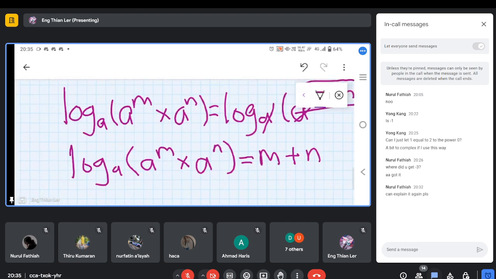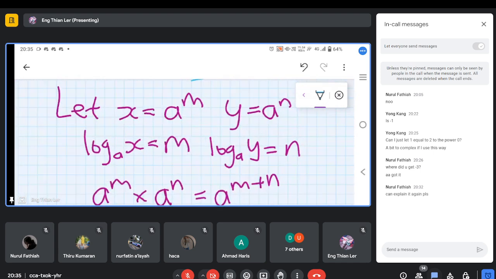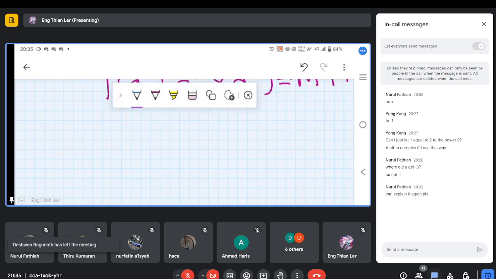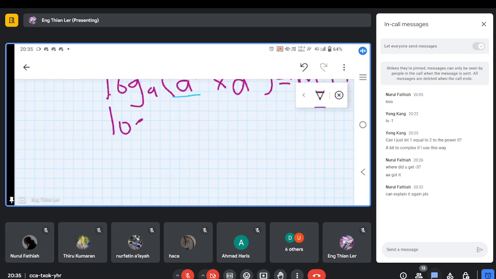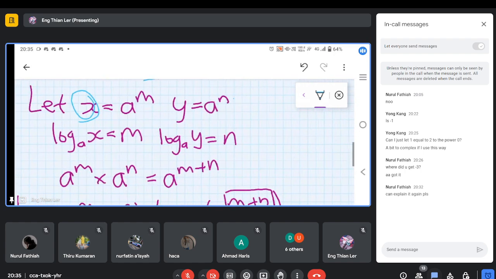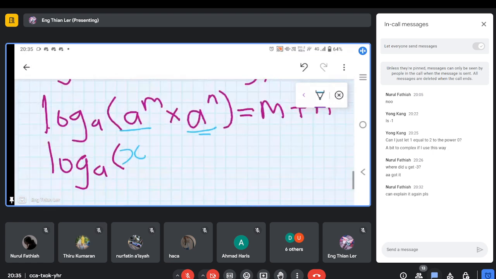Okay, so first, what is a to the power m? Look back, it is x. So now we have log a of x. And what is a to the power n? Look back, you got y. So log x y.